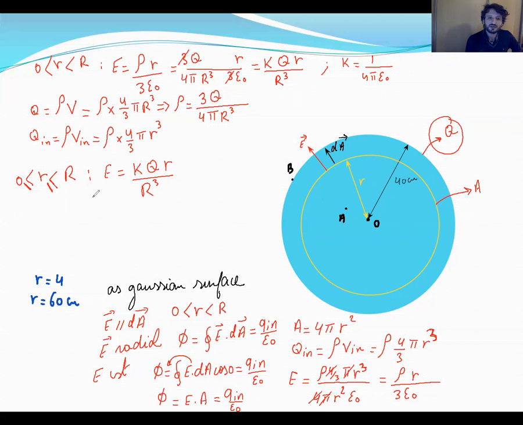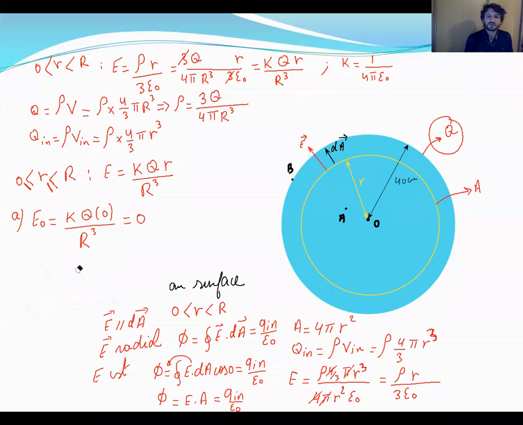Okay, let's take part A. We have to calculate E at 0, because you know 0 is inside the total sphere. So E0 equals k Q times 0 divided by R cube, equals 0.